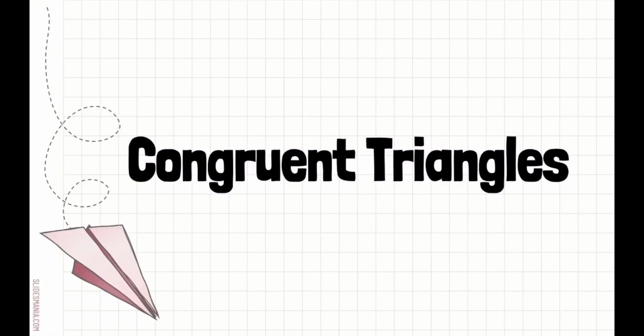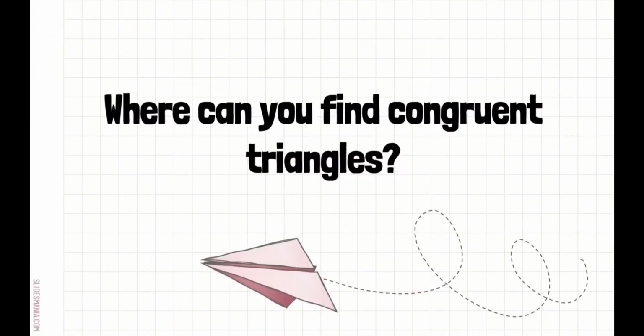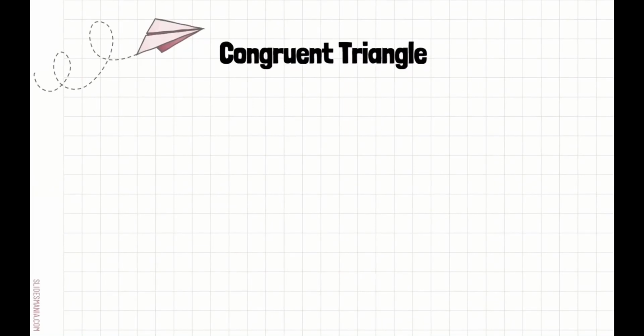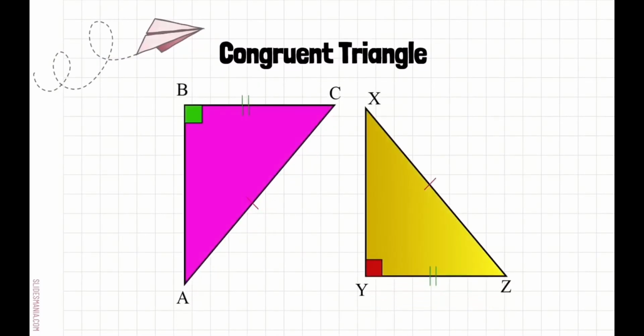Now we're here in the topic of congruent triangles. Where can we find congruent triangles? Congruent triangles have both the same shape and the same size, just like the congruent triangles ABC and XYZ. So we have many other congruent triangles around us.